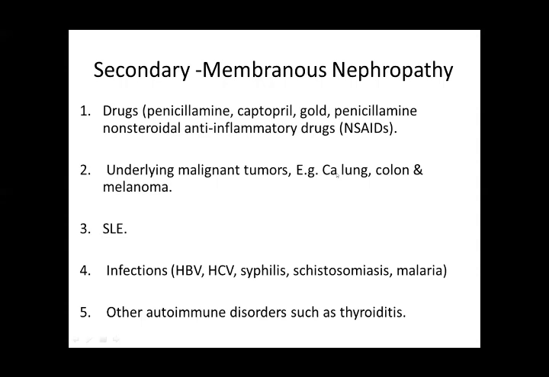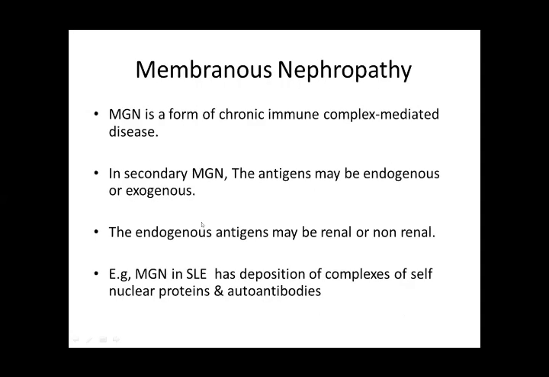Underlying causes include malignant tumors, carcinoma of the lung, colon, and melanoma, SLE, infections such as hepatitis B, hepatitis C virus, syphilis, malaria, and schistosomiasis, and other autoimmune diseases such as thyroiditis. Membranous nephropathy is a form of chronic immune complex mediated disease.